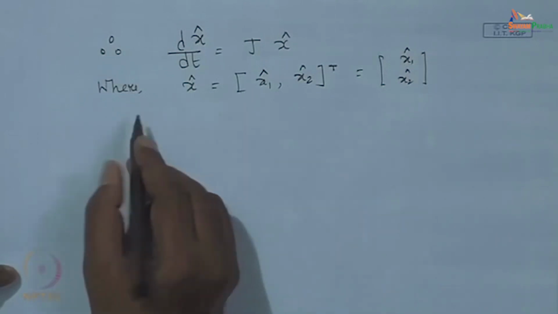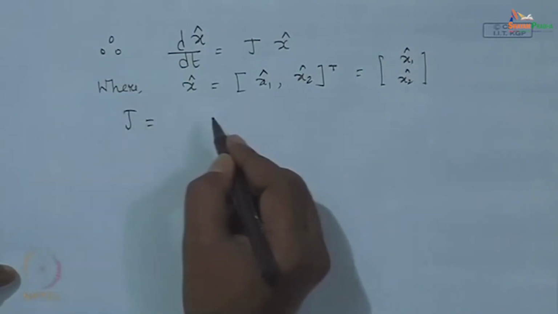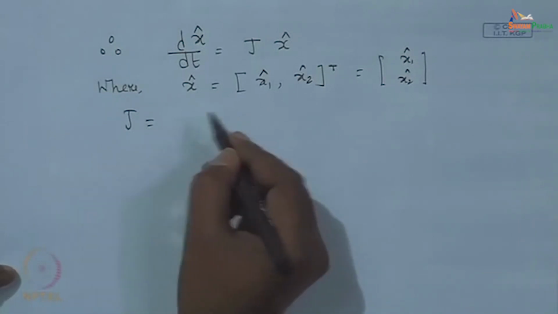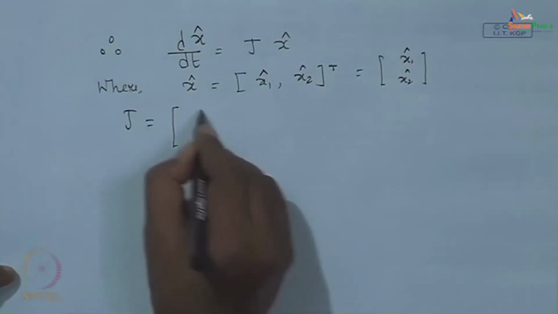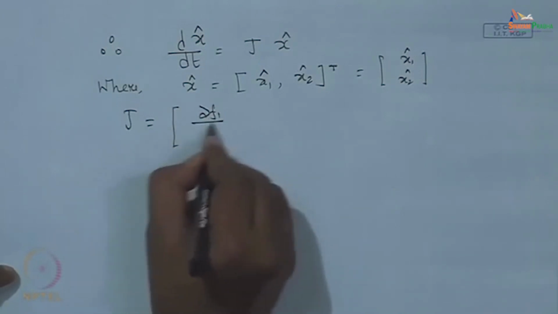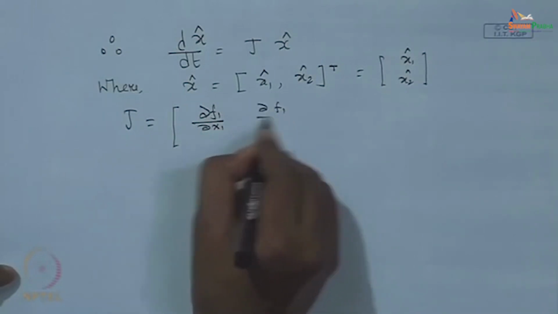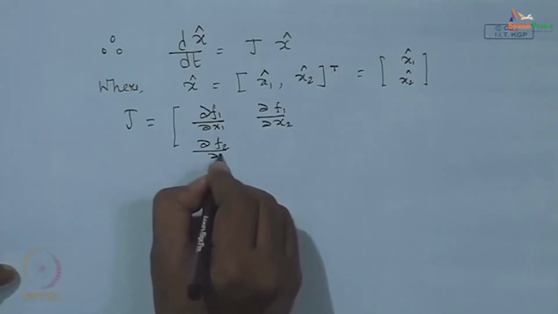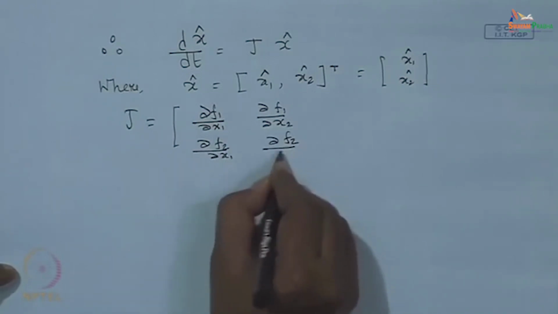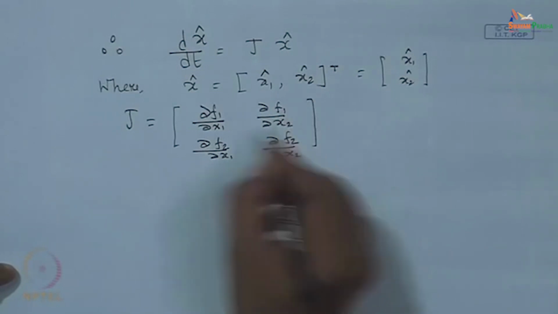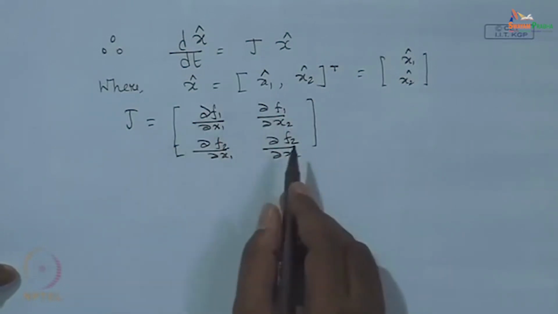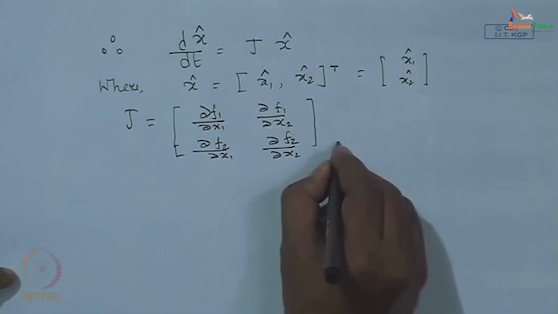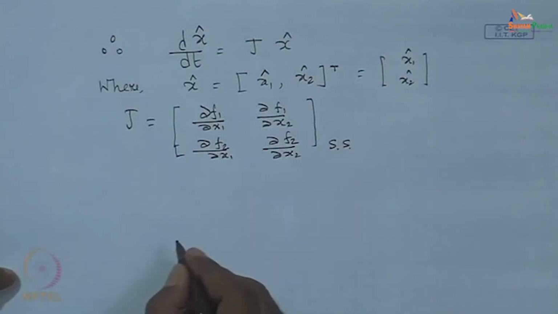And the Jacobian matrix J has the derivatives as its elements, and these will be del f1 del x1, del f1 del x2, del f2 del x1 and del f2 del x2, and all these derivatives, which are the elements of the Jacobian matrix, will be evaluated at the steady state.